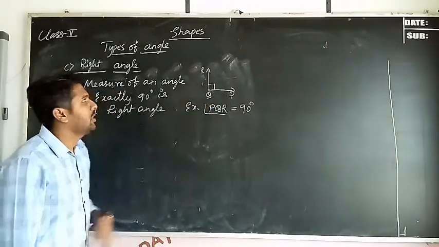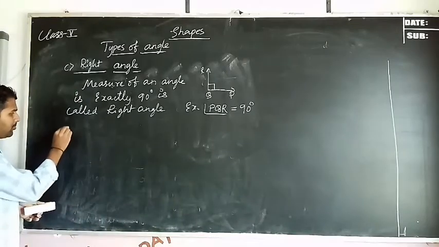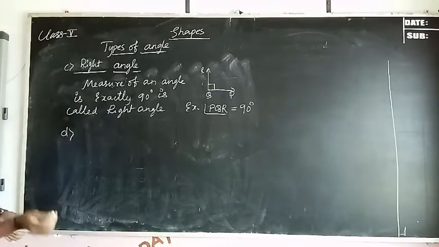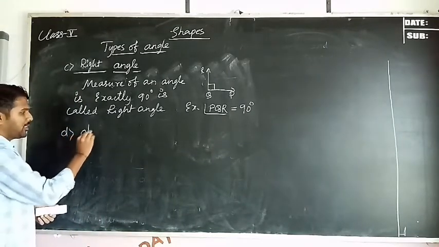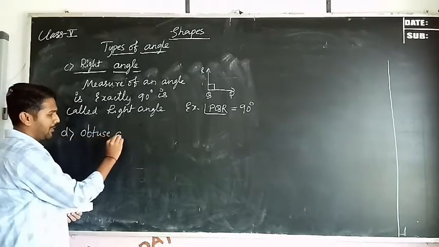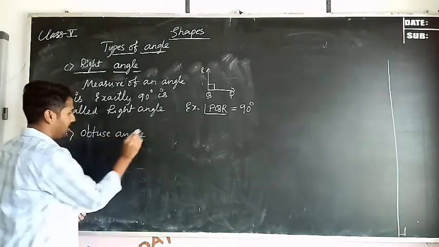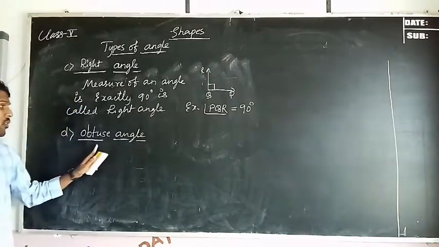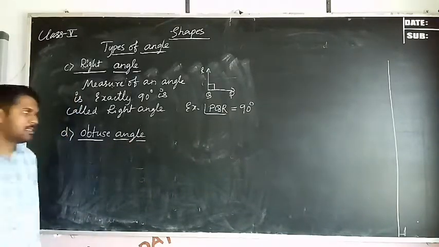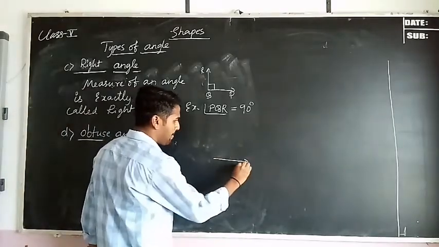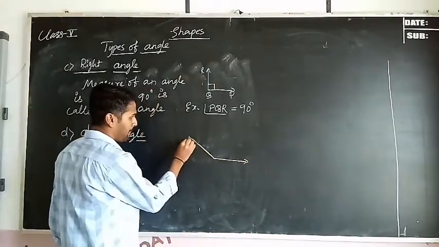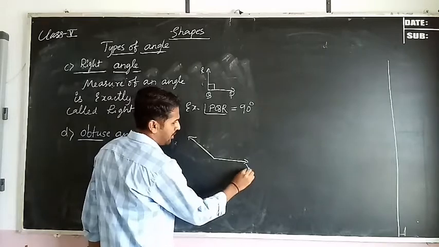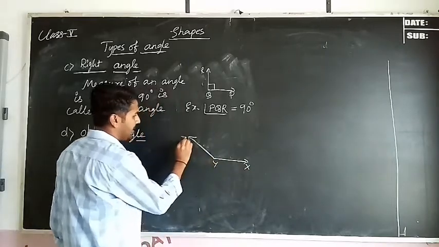So next one, after right angle, obtuse angle. What is the definition of obtuse angle? First see here, x, y, z.